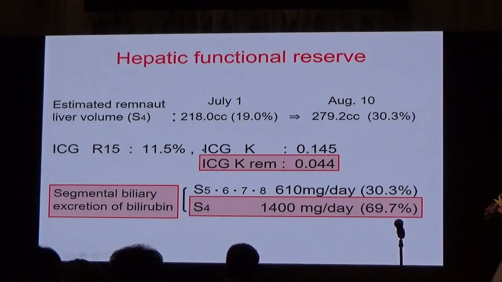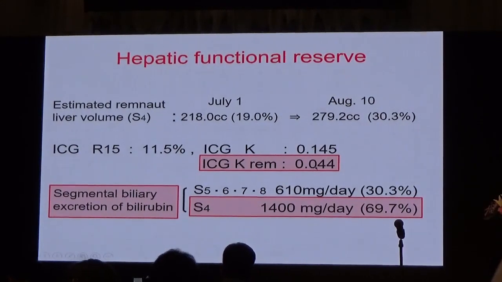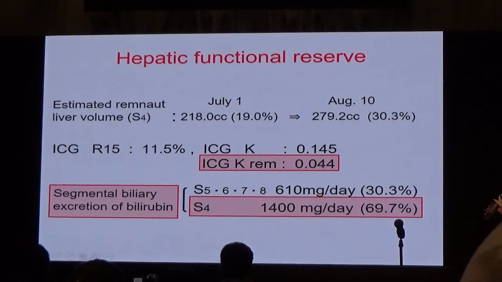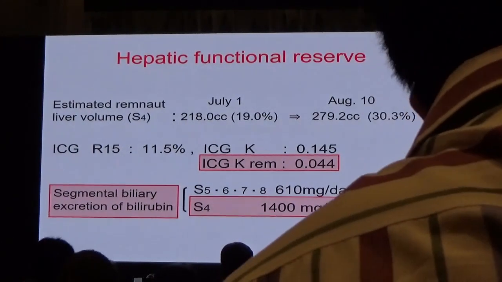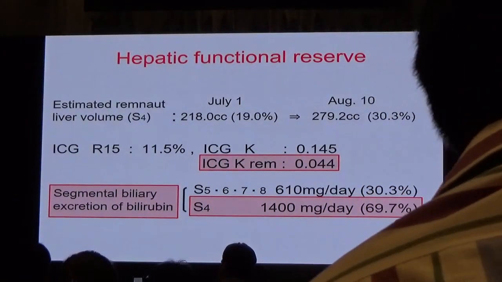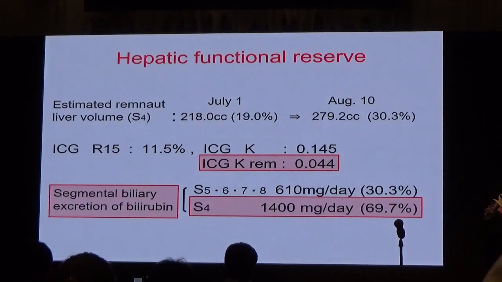And the KICG level was 0.044, borderline. But looking at the segmental biliary excretion function, we separately collected bile.